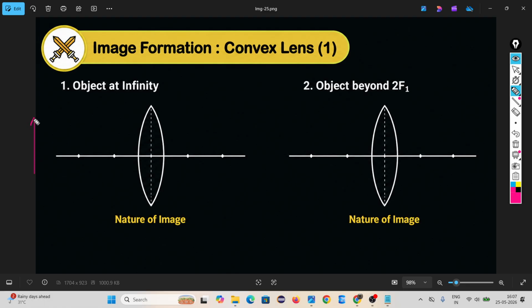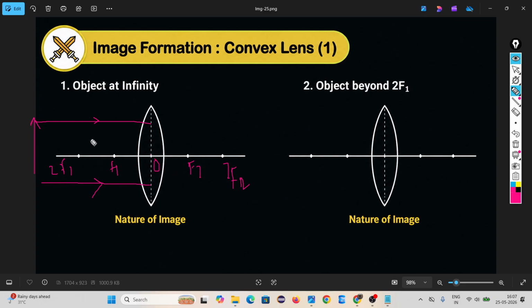When object is at infinity, to make the ray diagram, always take two lights coming parallel to principal axis. Then tell me, in convex lens, if lines are coming parallel to principal axis, they will meet at which point? This is 2F1, F1, F2, and this is O.